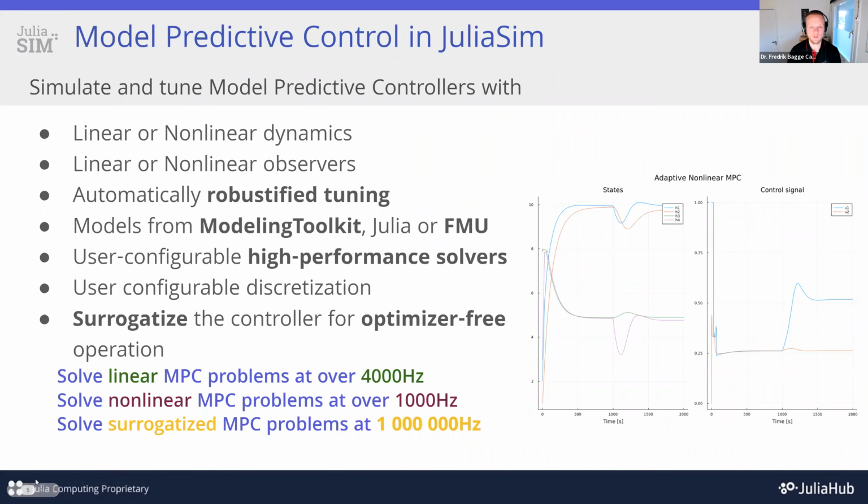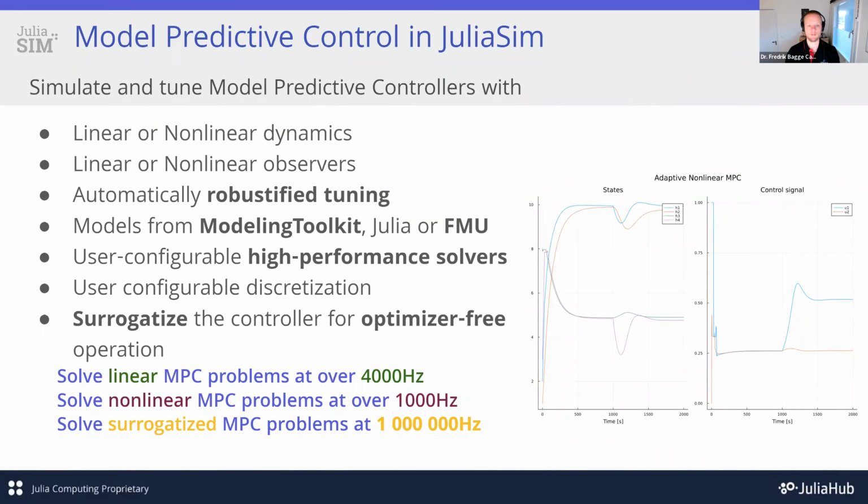And perhaps the most interesting feature, which we're going to spend quite a lot of time talking about today, is how we can surrogatize the MPC controller to get a completely optimizer-free operation of our MPC. So for a linear system with a quadratic cost function, the explicit version of an MPC that does not use an optimizer is known to have a very nice and simple form where we have polytopes in the state space where we have linear control.